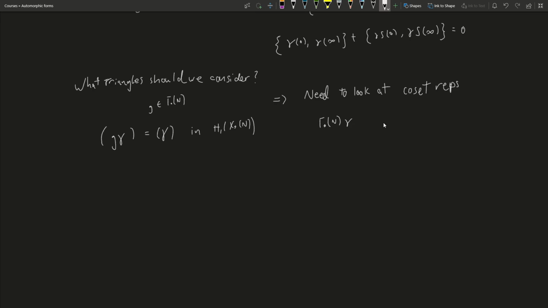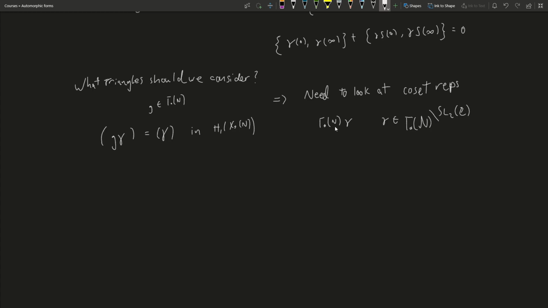So gamma is in gamma naught N quotienting SL2Z.